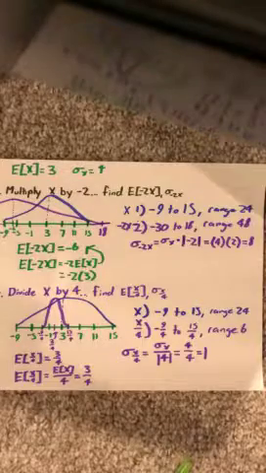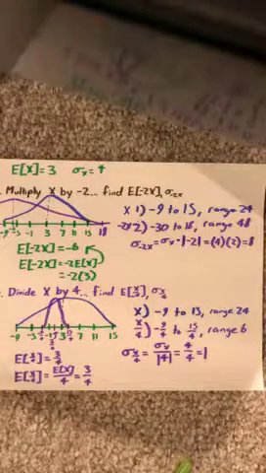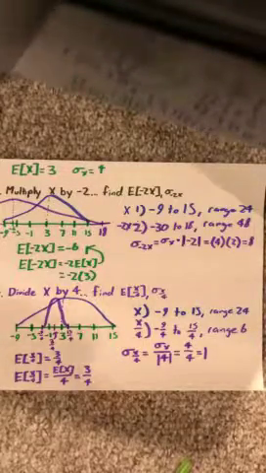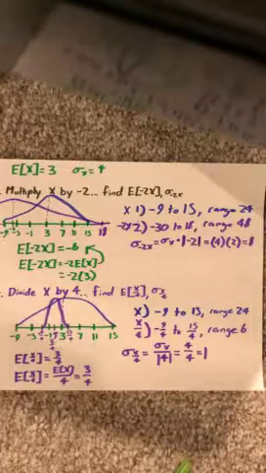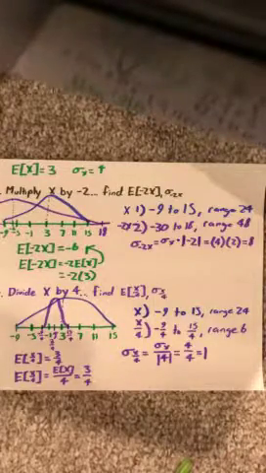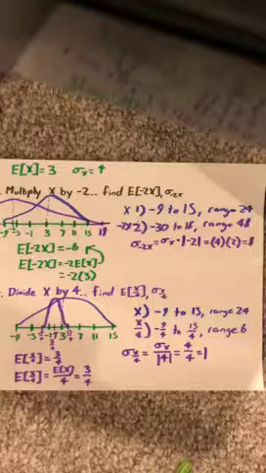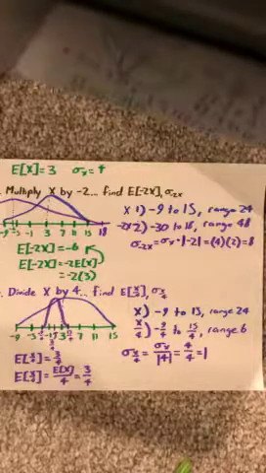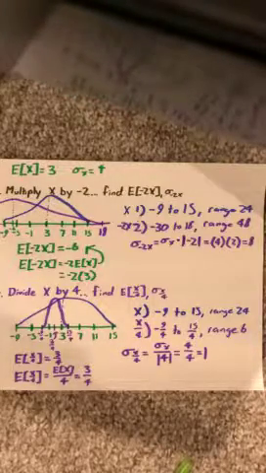So you guys can watch the addition and subtraction videos, also the multiply one if you didn't catch that. And that is it for this little mini series on how to combine random variables with constants.